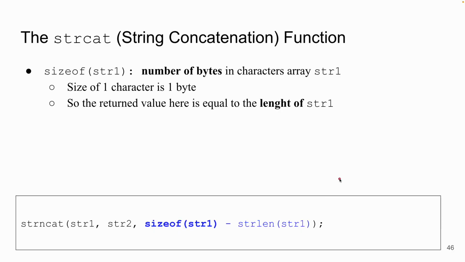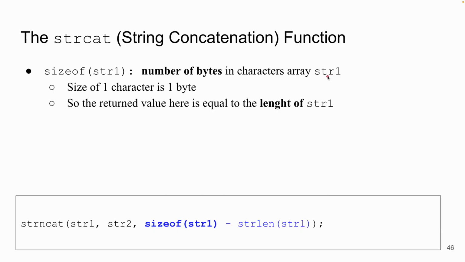First, what is the meaning of sizeof(str1)? You can review the previous slide. sizeof is an operator that helps us know the size in bytes of the given type or the given variable, right? So sizeof(str1) will return the number of bytes in this char array str1.